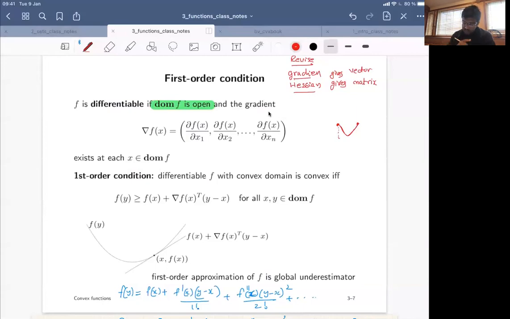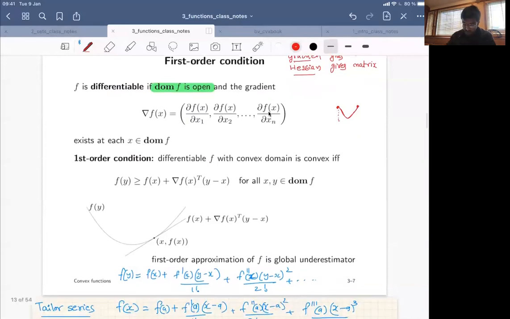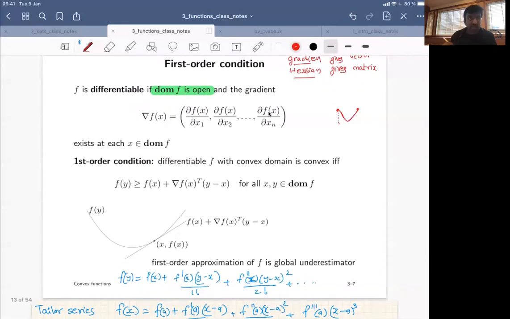And the second condition is that the gradient or derivatives exist at each point. So what is the derivative here? Here we are differentiating with respect to a vector, right? After taking the derivative, in this case, the derivative is called a gradient. That will give you a vector.